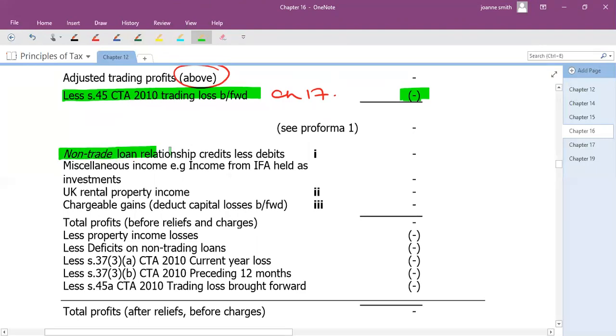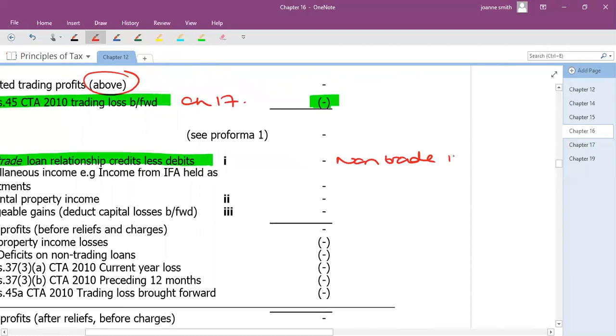So you'd add any what we call non-trade loan relationships. So this is, in simple terms, any non-trade interest minus any non-trade expenses.